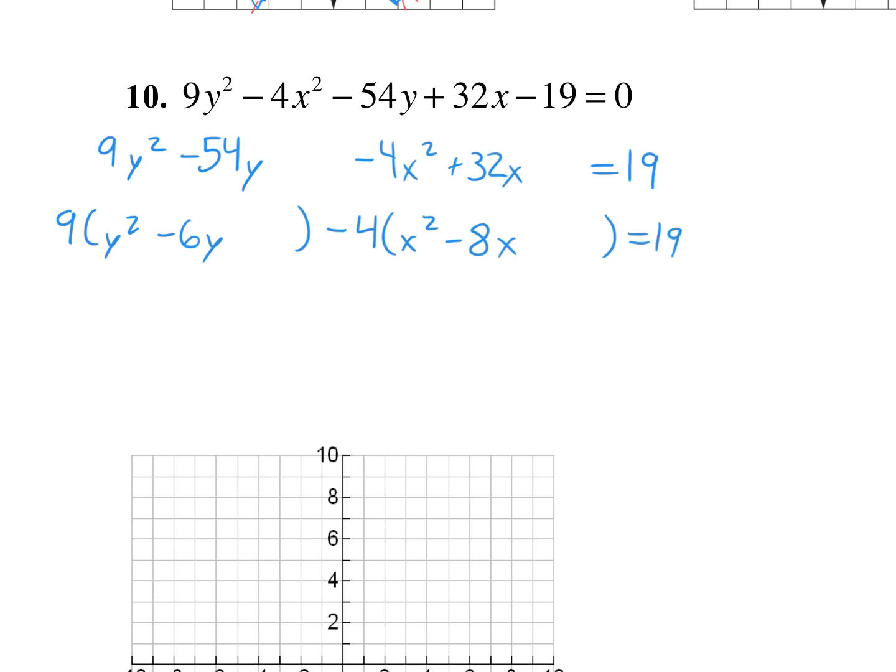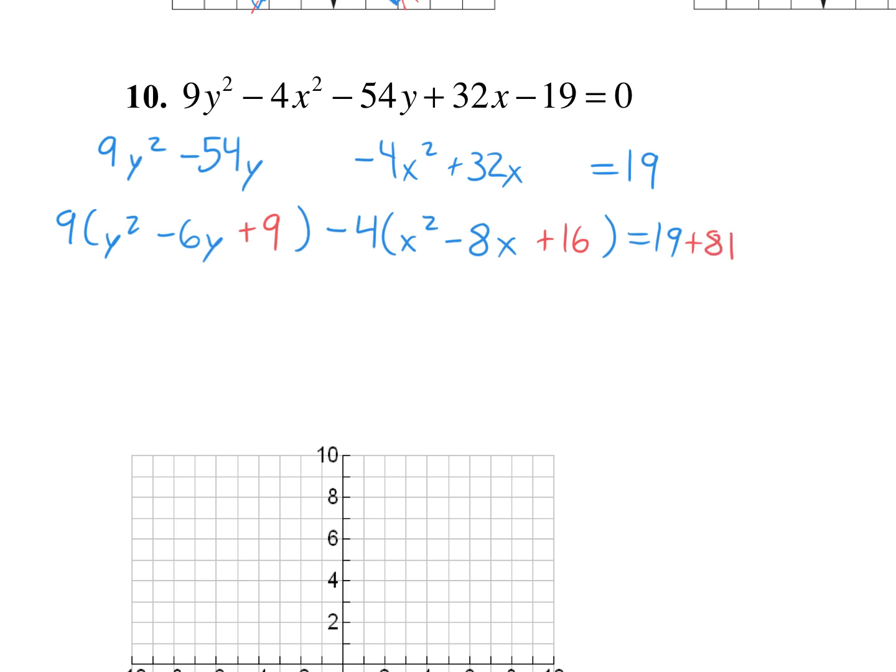So completing the square, that first gap, we take -6, divide it by 2, and then square that. We add 9. The second gap, -8 divided by 2 is -4. Square that, you get 16. On the other side, to rebalance it, that plus 9 is going to get multiplied by the 9 outside, so we add 81.